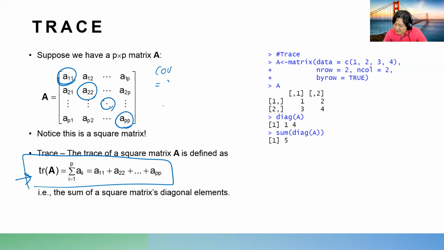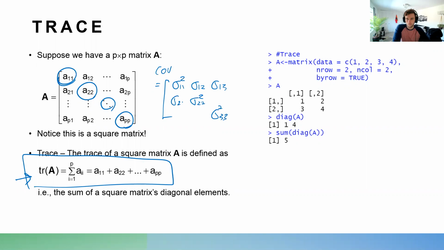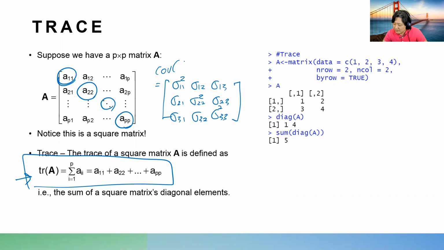Think about the covariance matrix. 2, 1, 3. Okay, let's say this is the covariance matrix for A. So the trace of A, what is this?